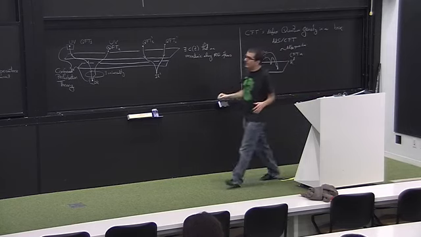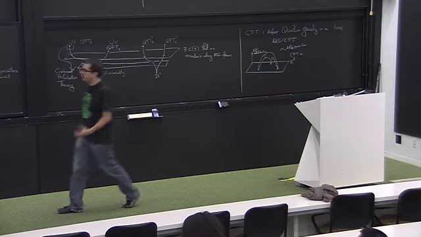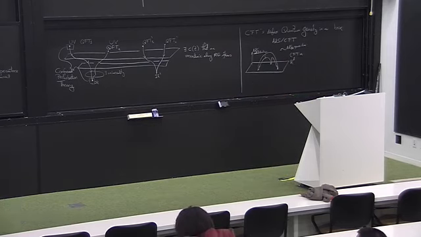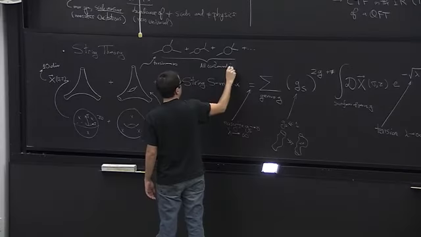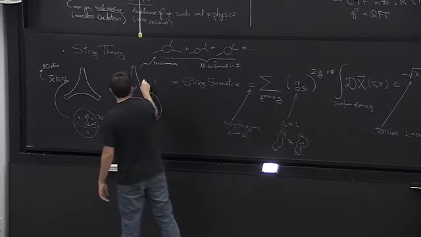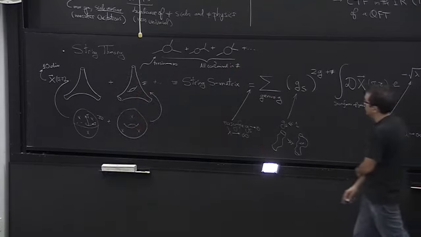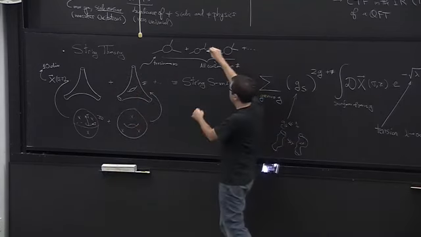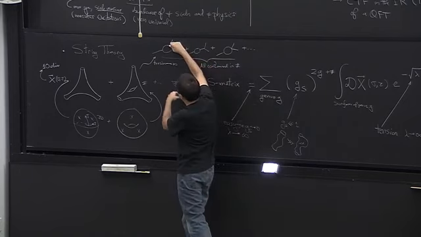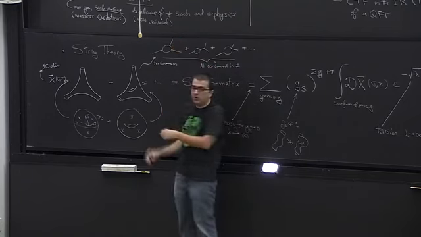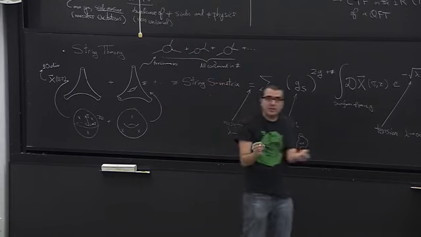Also, what are the dangerous points in quantum field theory? Let me first stress what I just said. These diagrams are all contained in this diagram. So what are the dangerous points? The dangerous points in quantum field theory are when, say, this interaction point becomes very close to this interaction point and so on, and you start getting divergences.